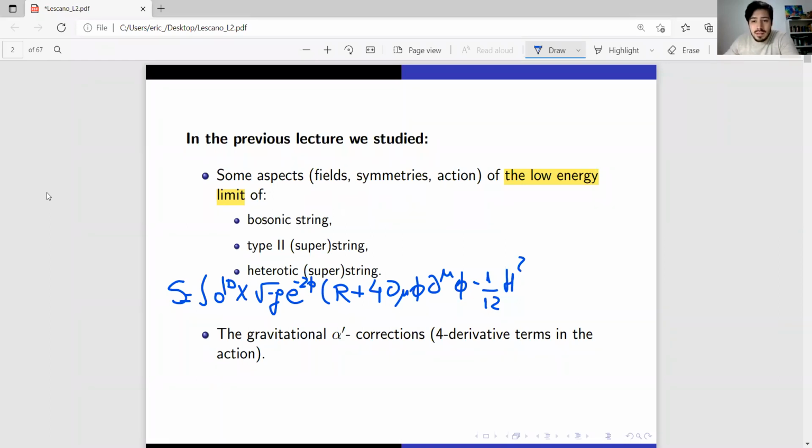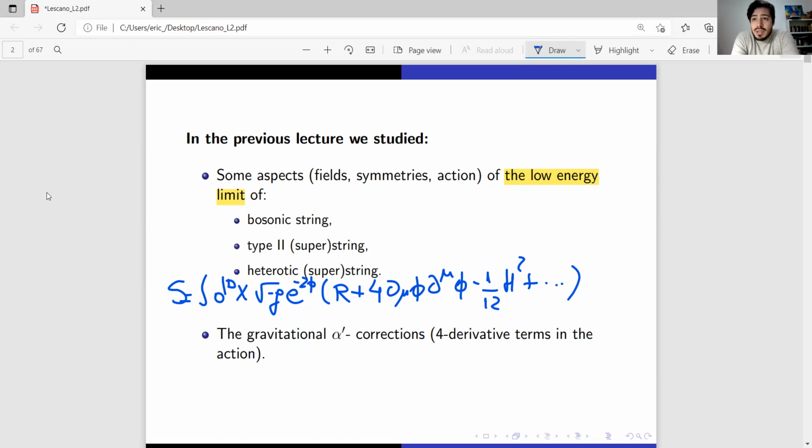So this Lagrangian contains alpha prime corrections, and these alpha prime corrections are four derivative terms for us. Of course, we have a tower of alpha prime corrections. For example, in the bosonic string, we have a Riemann square term. But if we analyze higher orders, you will find Riemann cubic terms, Riemann to the 4 terms in the bosonic case.